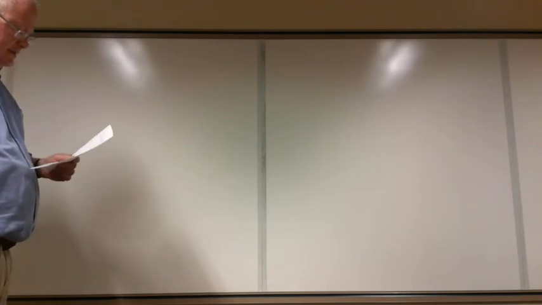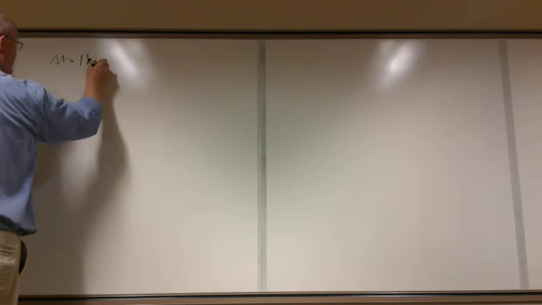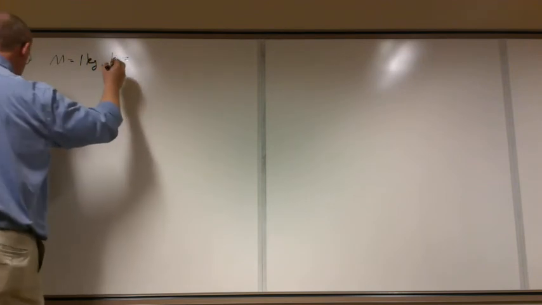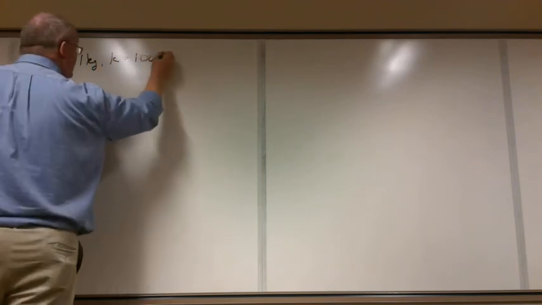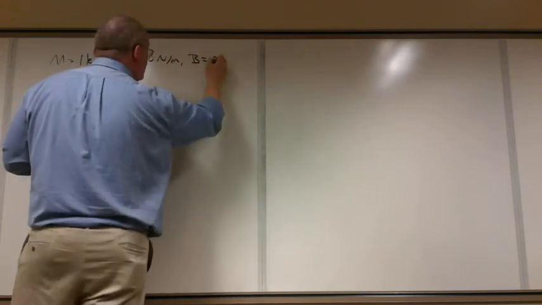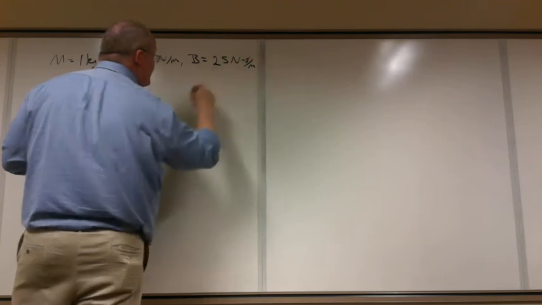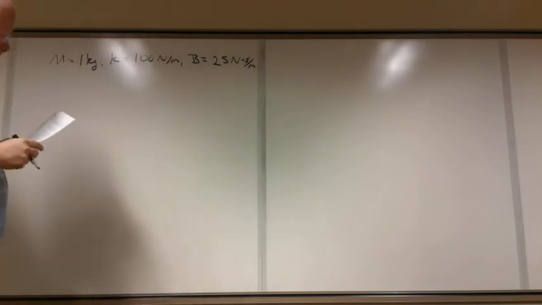ODE for the standard mass spring damper system for parameters. Mass is equal to 1 kilogram. Stiffness is 100 newtons. Let me just write this down. M is equal to 1 kilogram. Stiffness is equal to 100 newtons per meter, and damping is equal to 25 newton seconds per meter, otherwise known as a newton per meter per second.